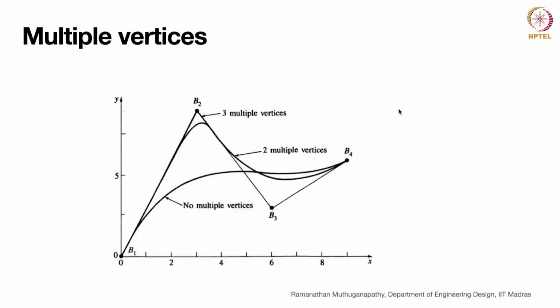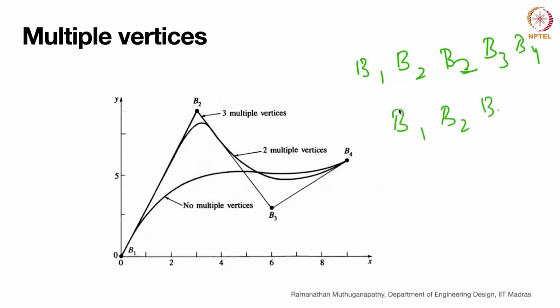So you can put multiple vertices, like in this case, the control points are B1, B2, again B2, you repeat that point, and then B3, and then B4. In the normal case, it is only B1, B2, B3, B4. Here you add one more point but repeat the same point again. That is the idea. Now the curve gets pulled towards that control point.